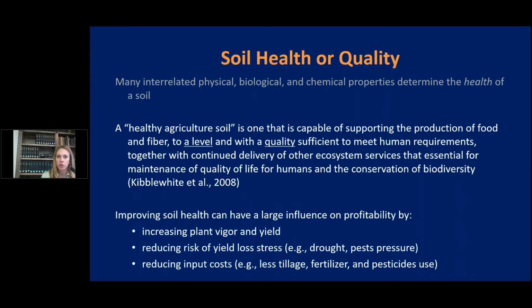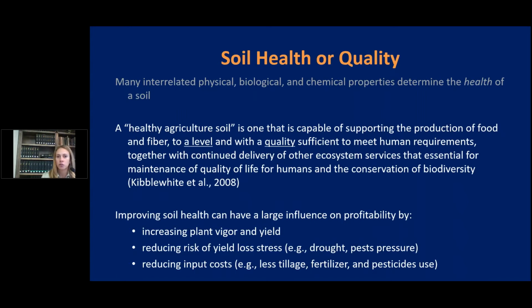So increasing soil health in agricultural systems can also have an indirect positive impact on sustainability, because it can potentially increase plant vigor and yield, and can reduce risk of yield losses due to stress, and this is again the word resilience.